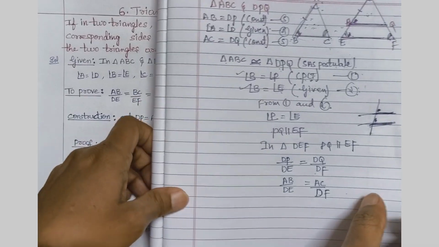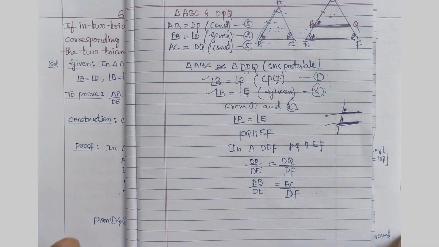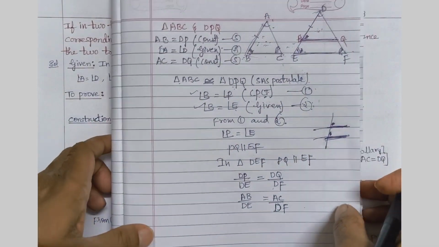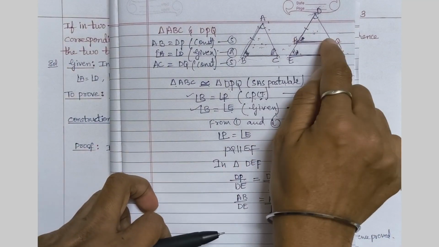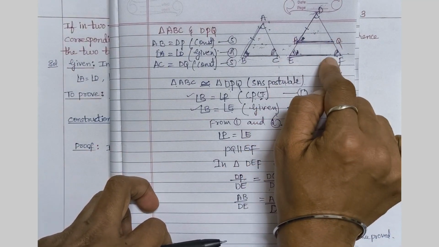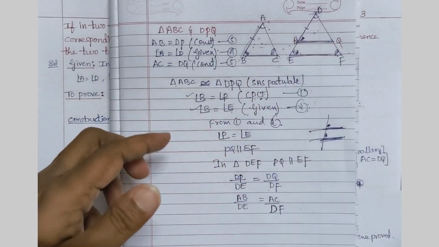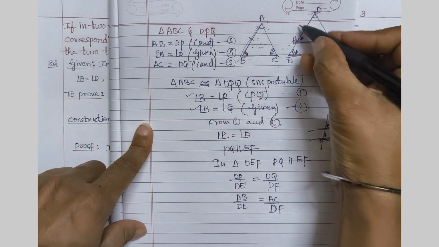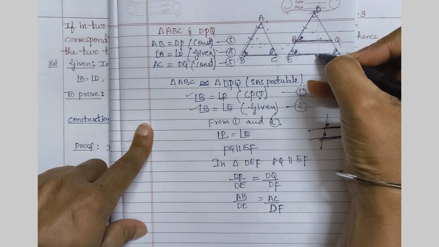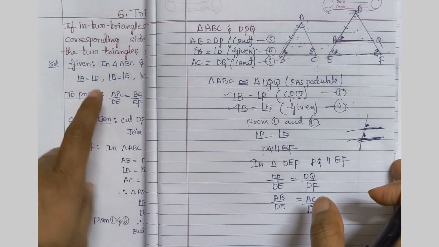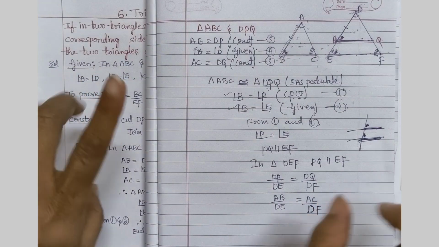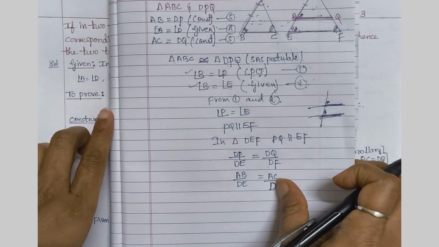For the middle answer, I explained this much earlier; the same procedure we have to do. How to do? This PQ parallel, we take EF. Now we take this side parallel, and we will get BC equal to EF. But we don't need to do it one more time.